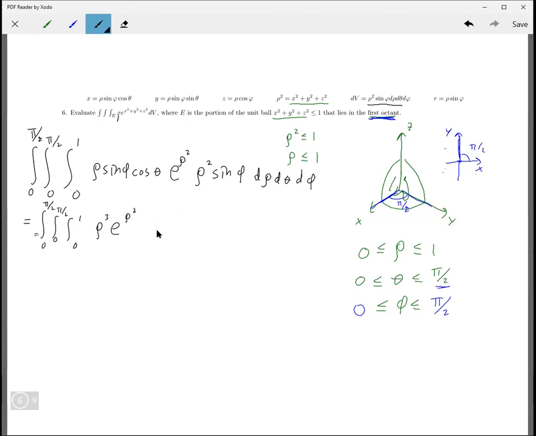Okay, that's nasty. I'll put the d rho there because there's no more rho. I can just move this all the way to there, because that's the only rho that there is, right? Then we have a cosine theta, and then we have a sine squared of phi, d theta d phi.